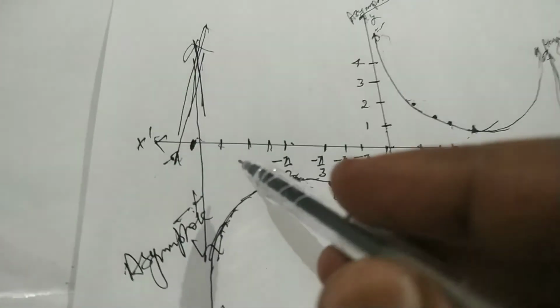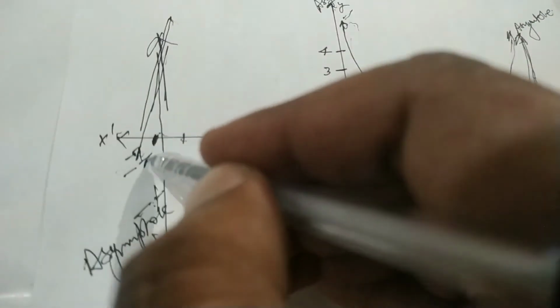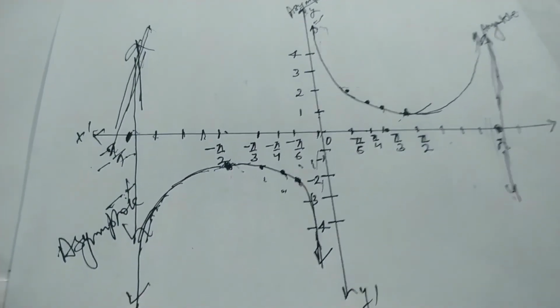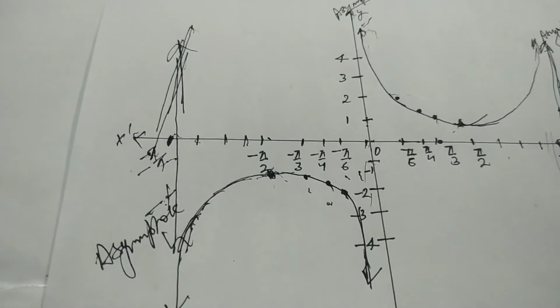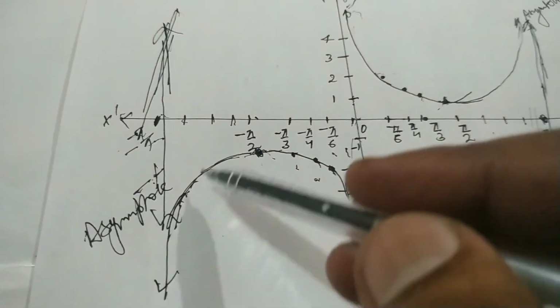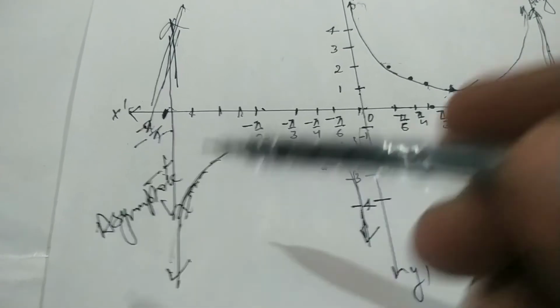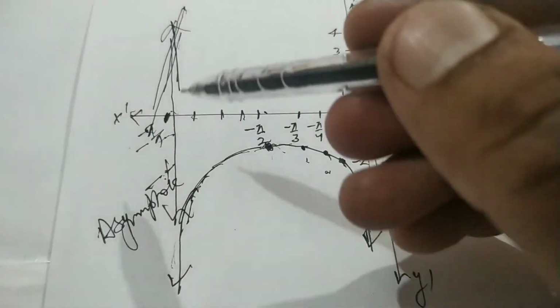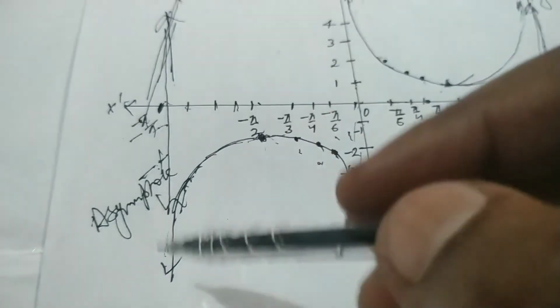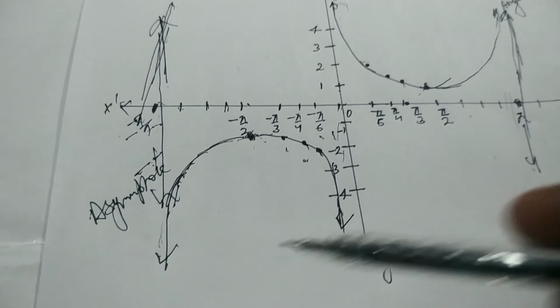And here the same case, this is minus pi, and this is again an asymptote. That means the graph of cosec x never meets this line. This line is called the asymptote. This line which we have drawn, it never meets that line, that is the asymptote.